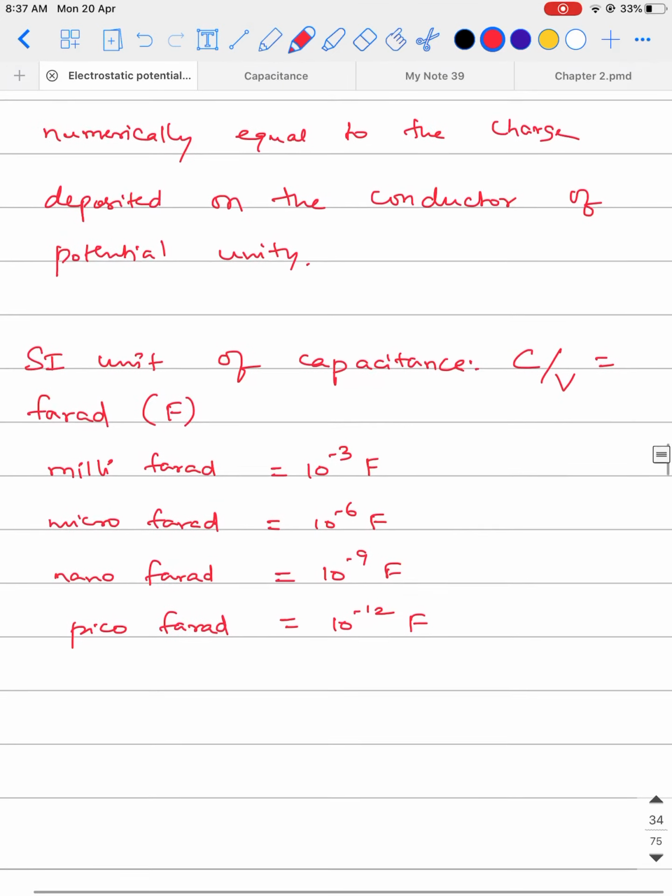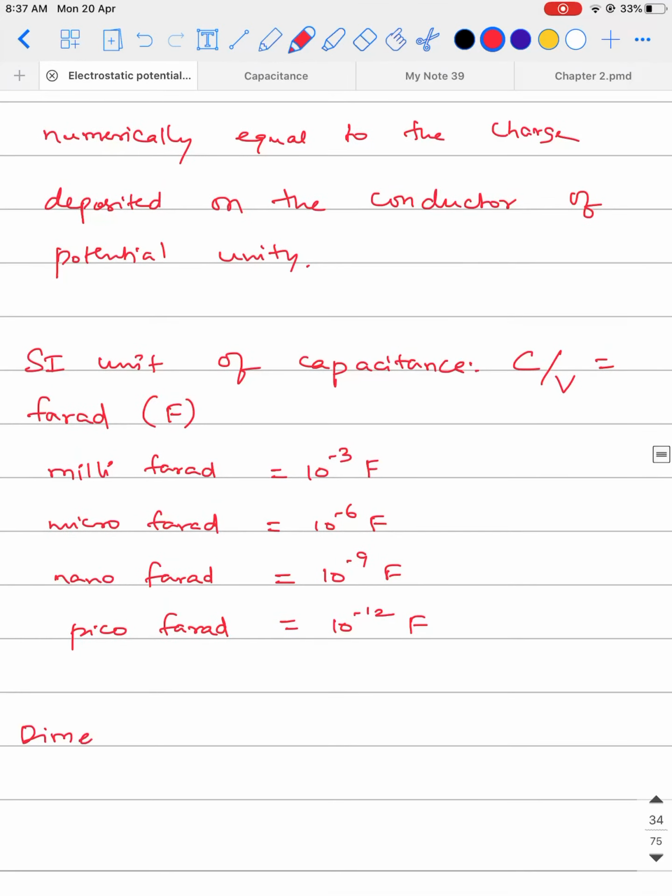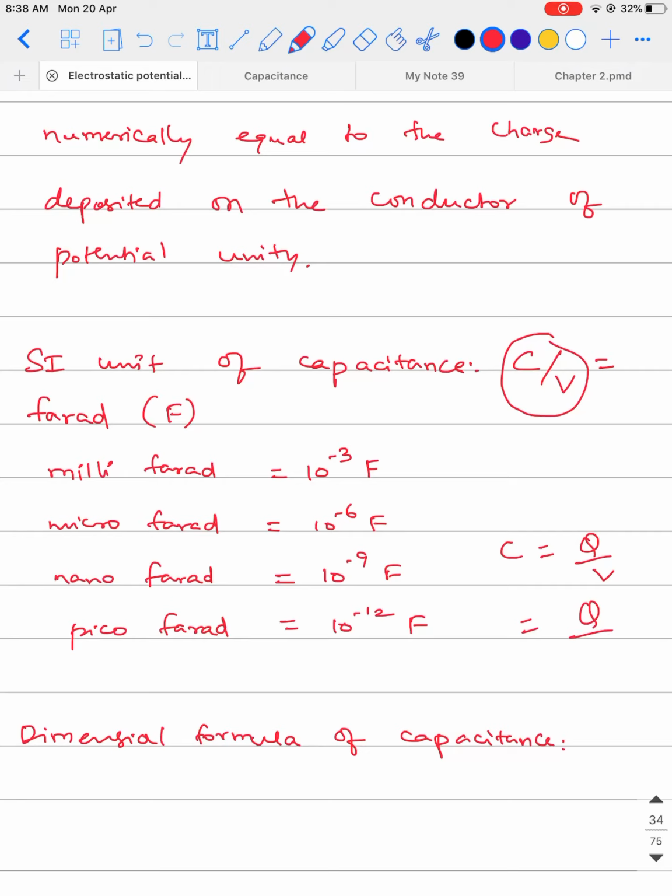Now we will also see the dimensional formula of capacitance. We know that capacitance is equal to Q divided by V. Q is measured in coulomb and V in volt.